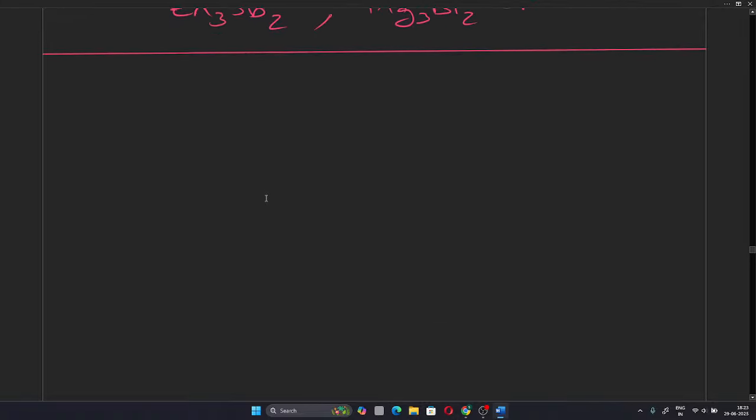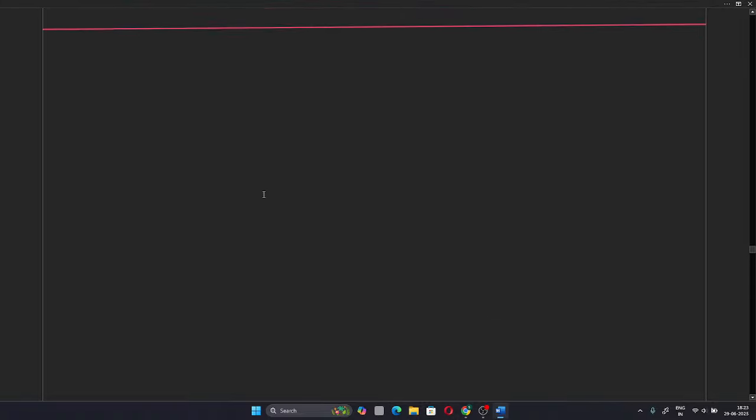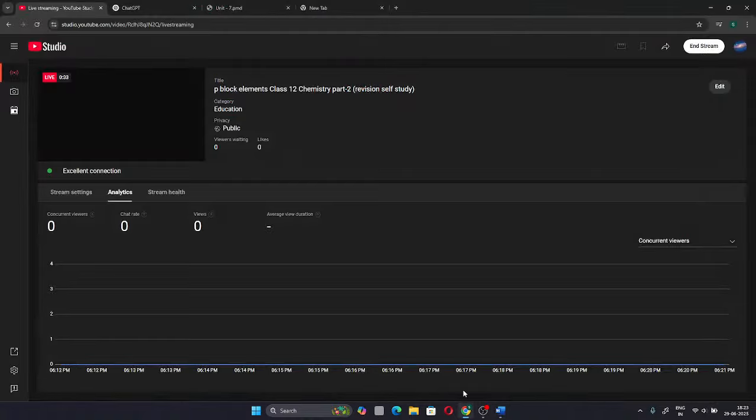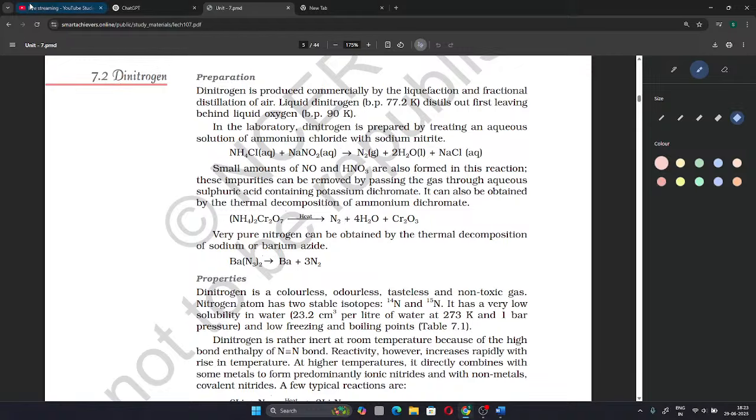And the next is preparation of dinitrogen. Dinitrogen is produced commercially by the liquefaction and fractional distillation of air.